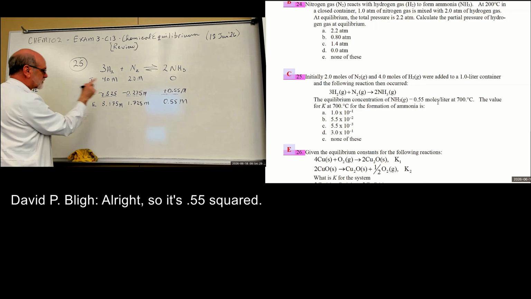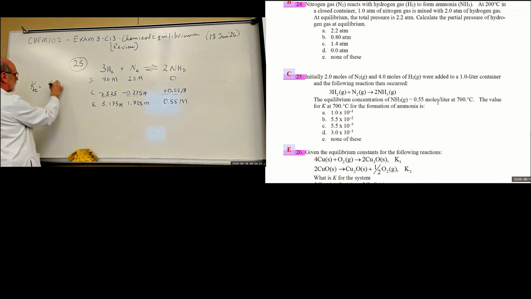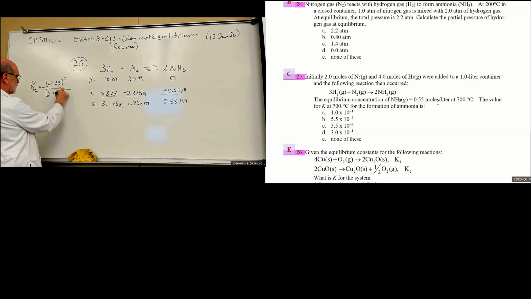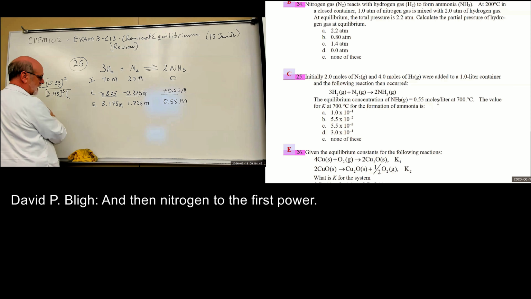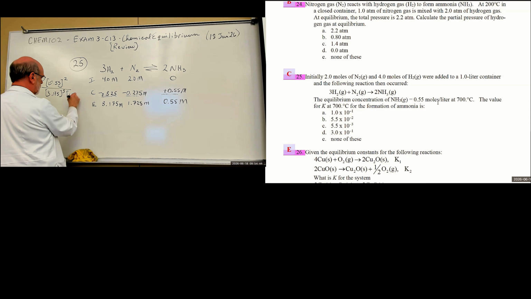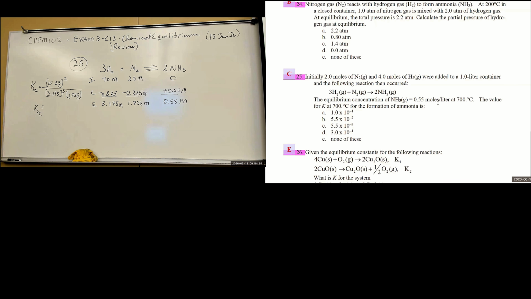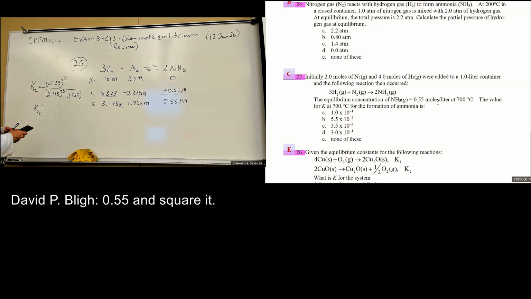All right, so it's 0.55 squared over hydrogen's 3.175 cubed, and then nitrogen to the first power. That should give us our K value. 0.55 and square it, right? 3.175 and cube it.